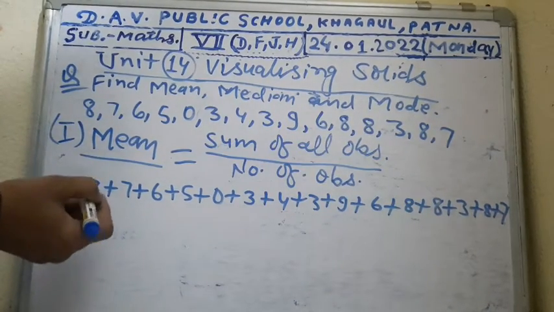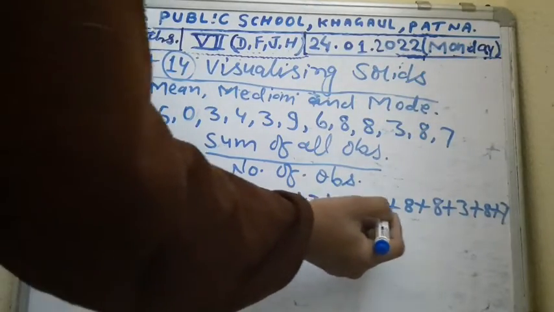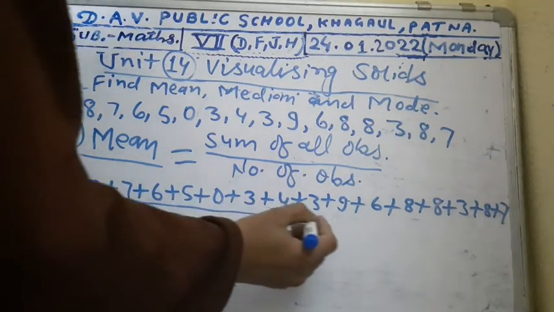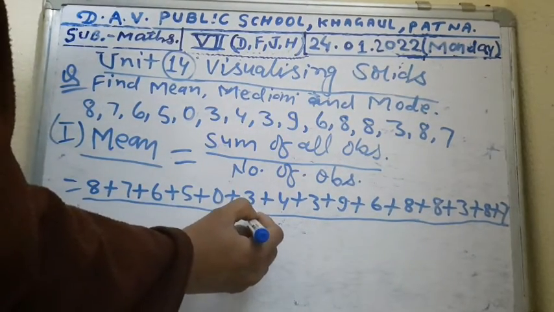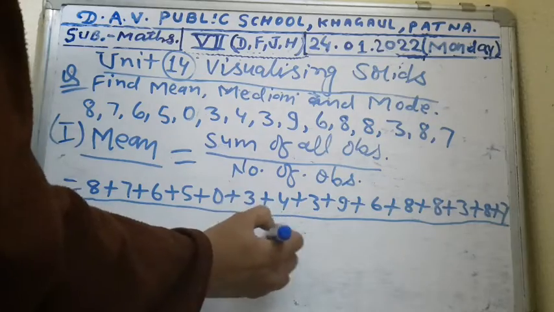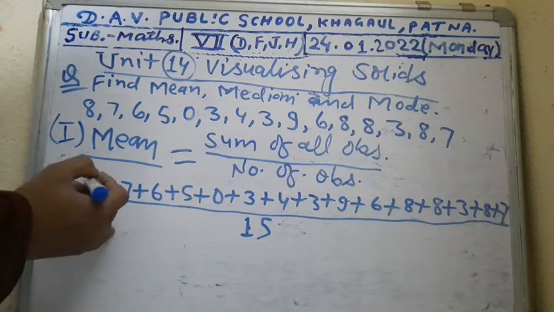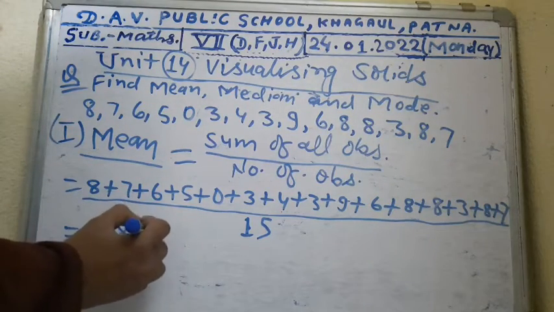We should count the given observation 1, 2, 3, 4, 5, 6, 7, 8, 9, 10, 11, 12, 13, 14, 15 and the sum of all observation divided by number of observation, that means 15. After sum, you will sum it in rough page and we have to get 85. After summation of the given observation, we get 85.